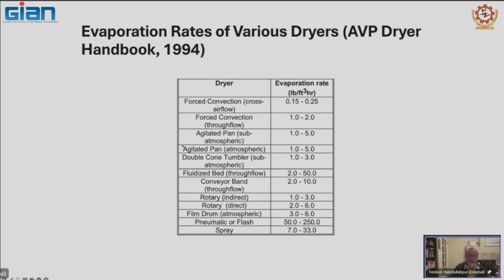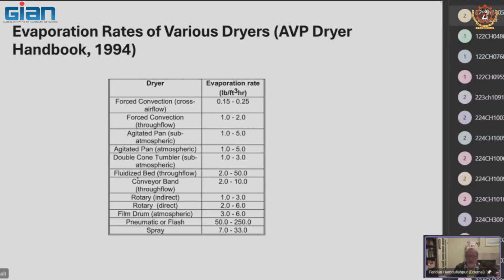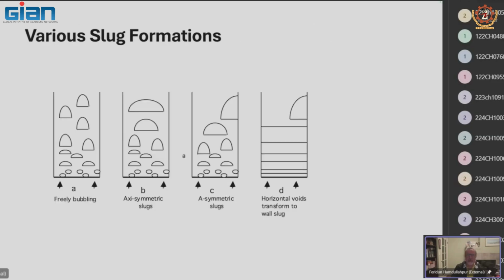In a fluidized bed, it's a through flow fluidized bed. This is basically like evaporation rates. It depends, of course, on what you're trying to do, but, sorry, it's in British units, quite high evaporation rates you can achieve. So you know that you're working within that window.